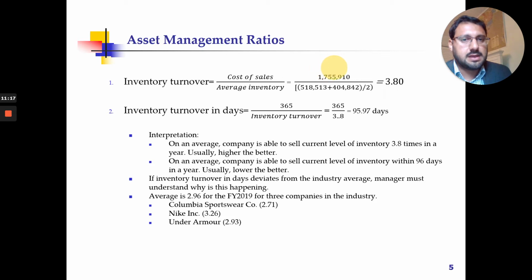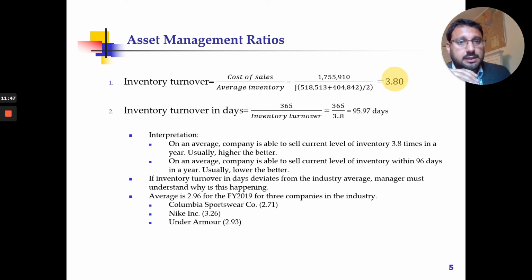This is the cost of sales the company incurred during fiscal year 2019, though its statement came out in February 2020. When I did it, I got 3.8. So it means the company sold its current level of inventory 3.8 times in the 2019 fiscal year.